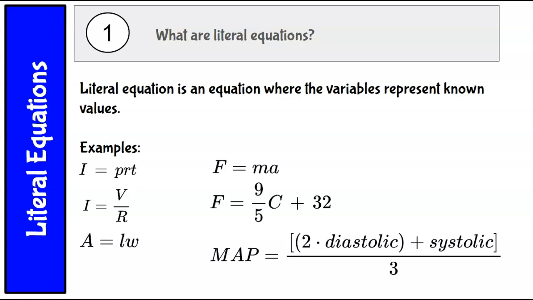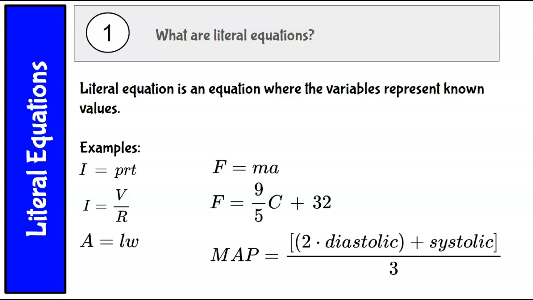At the top of the second list there, we have F equals MA. That is the second law of motion, that force equals mass times acceleration. The one below that with the 9/5 is actually the Fahrenheit-Celsius equation to convert Celsius to Fahrenheit, and we're going to look at that one in a little more detail later.